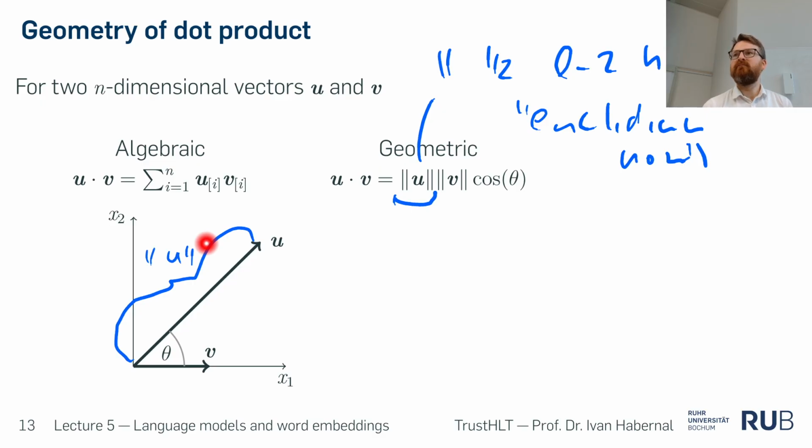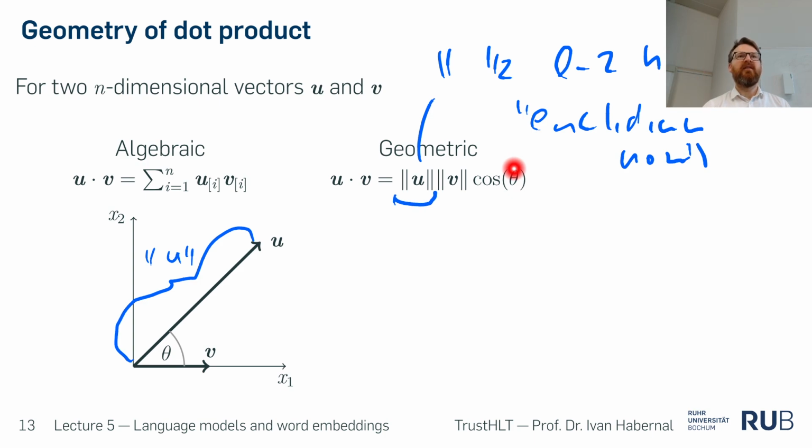Okay, good. And if you look at the trigonometry of these things, you get that the dot product corresponds to the length of the first vector, times the length of the second vector, times the cosine of theta. Oh, that's really interesting, because now if the length were 1 for both, then the dot product corresponds to the cosine of the angle between these two vectors.